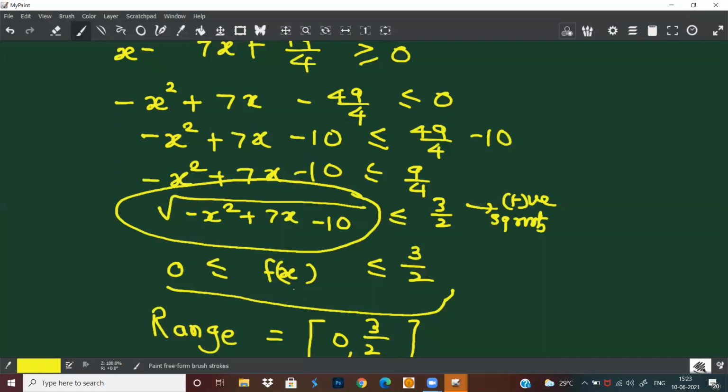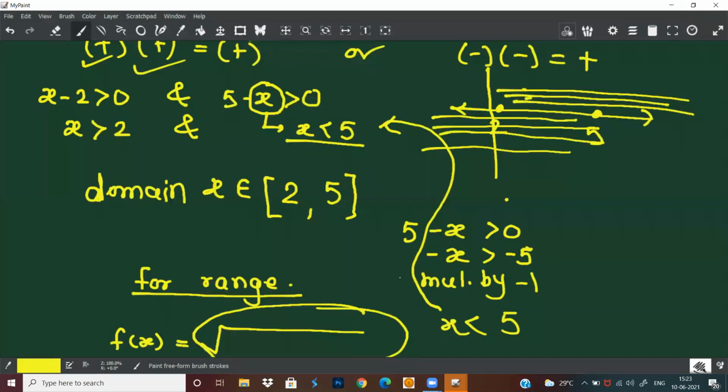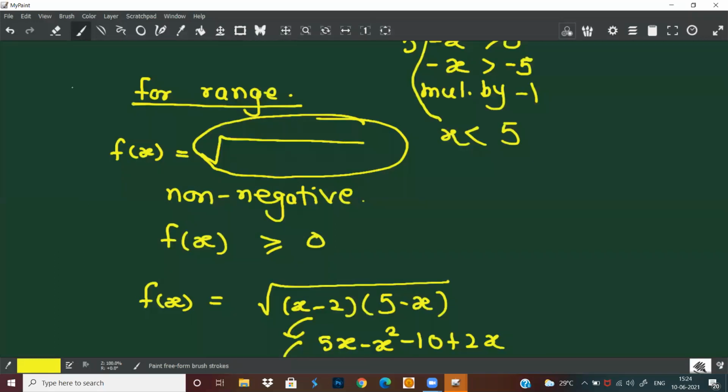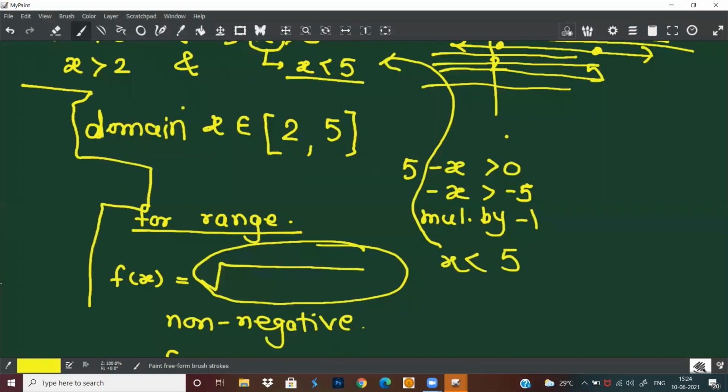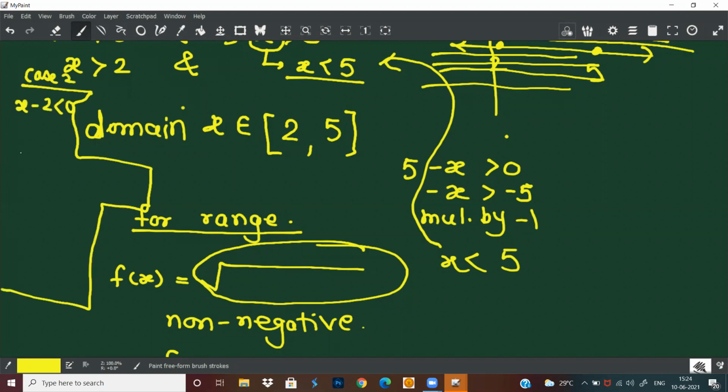Where did my first method go? One minute. Correct? I will show you what happens by taking negative into negative. I'll show you here in case 2, the first number negative and the second number also negative, correct?